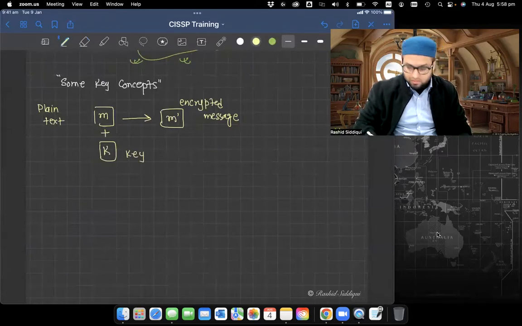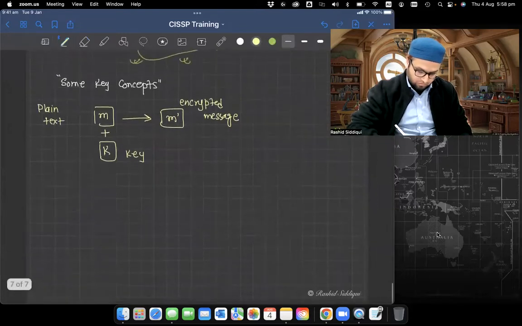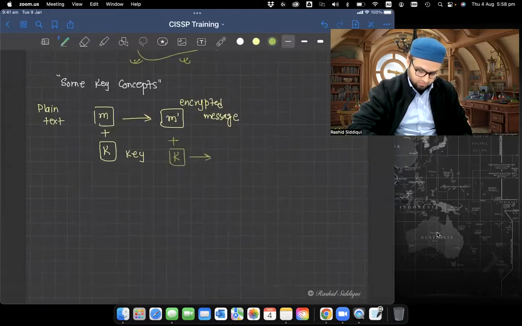Now, if a message can be encrypted with a key K, it can be decrypted with the same key. So if I have a message M dash and then we apply a key K, we will get the same message M, which is my plain text, right?